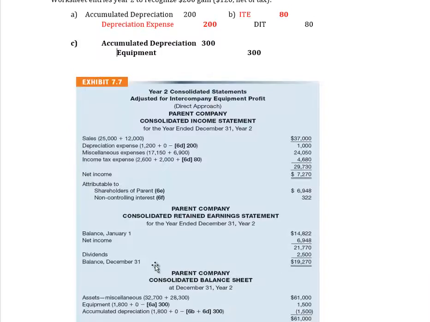So in subsequent years, for the period of time that the equipment stays within the consolidated entity and is not sold, we'd still be showing equipment at $1,800 and accumulated depreciation of $1,800. So to make those figures right, because that's what the parent would be showing, we would have to keep reducing our accumulated depreciation by $300 and reducing the equipment by $300, and this would be in subsequent years.